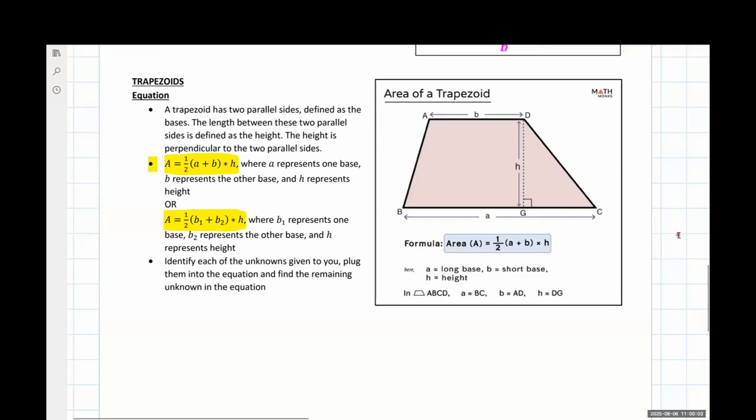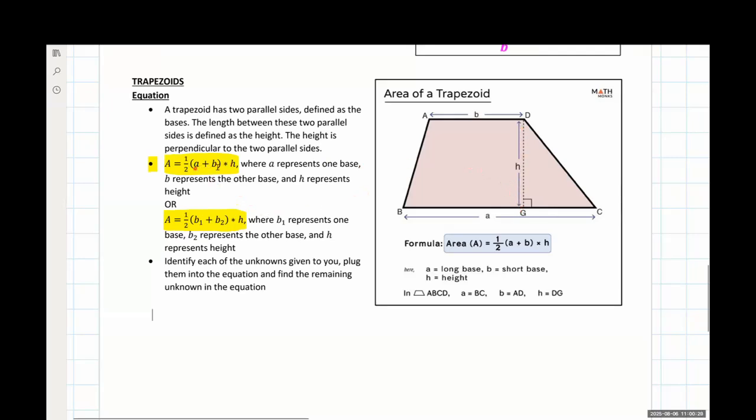So our general equation follows one of these two forms, and we'll go through them in a bit more detail. I'm going to take 1/2 of the quantity of A plus B, A plus B being the two side lengths that are parallel to one another. And I'm going to multiply this result by the height of the trapezoid.